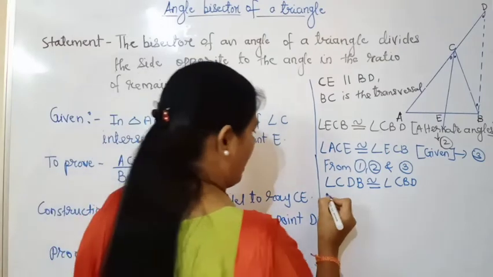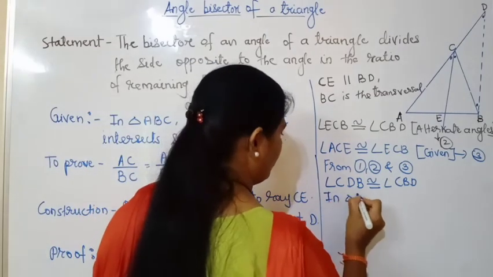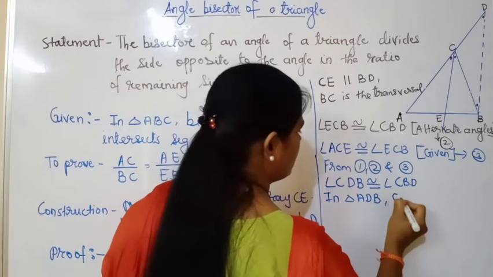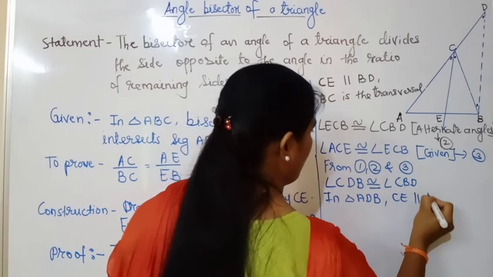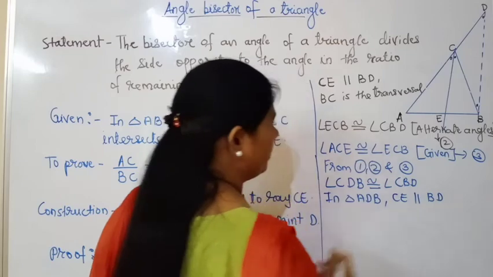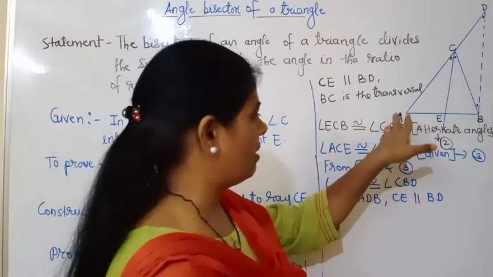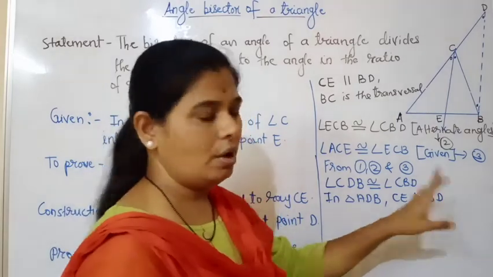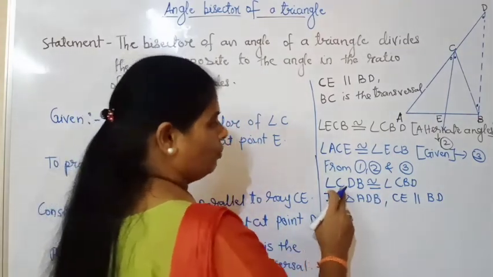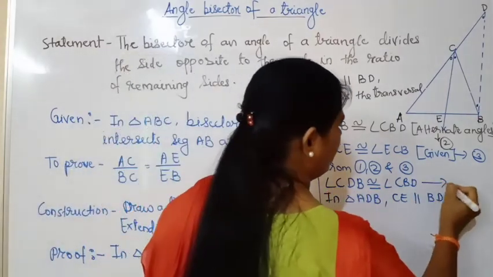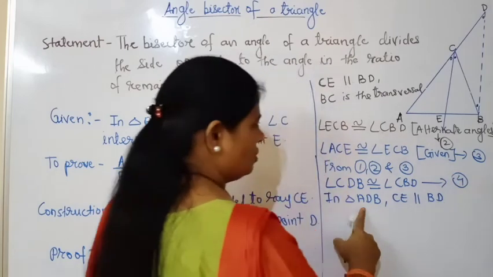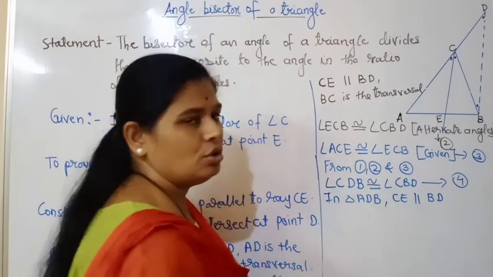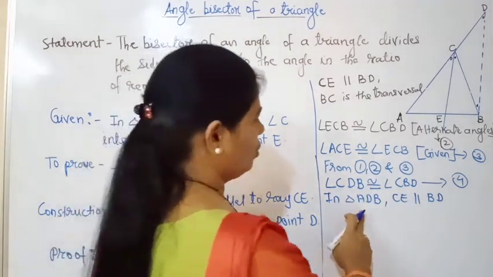Now in triangle ADB, we can see that CE is parallel to BD. We can give the number here as 4. In this triangle ADB, these two angles are congruent. Which are those two angles?